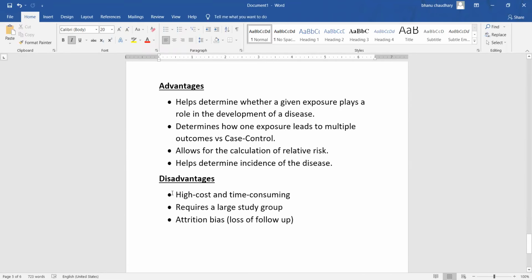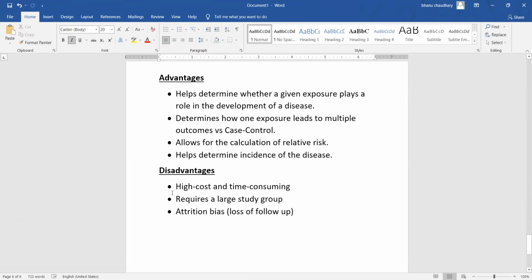What are the disadvantages of a cohort study? One thing, it is a highly time consuming study. Okay, it has a very high cost. Okay, you always require a large study group. Okay, and one more thing, the attrition bias is present in this study, which means once you follow the patients over a period of time, sometimes some patients might be lost to follow up.